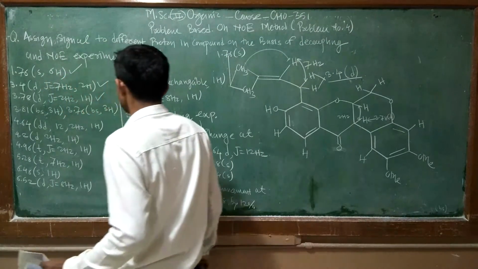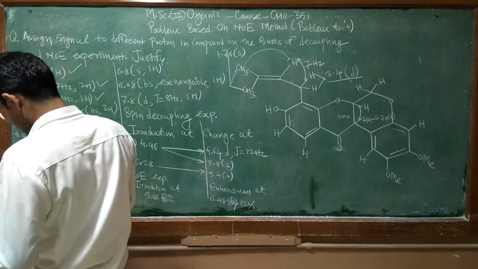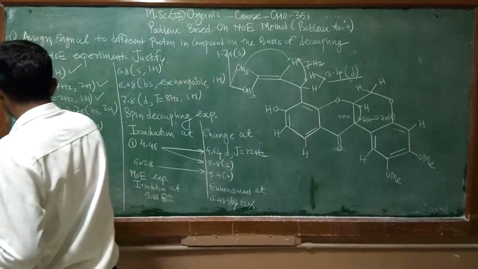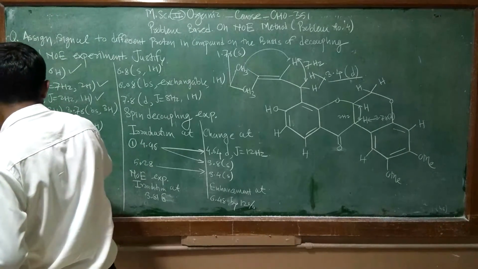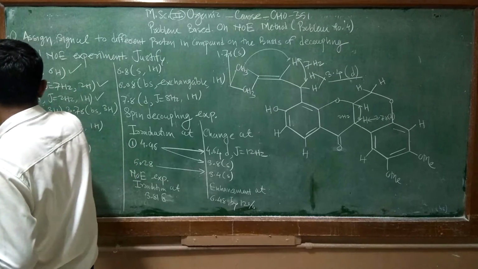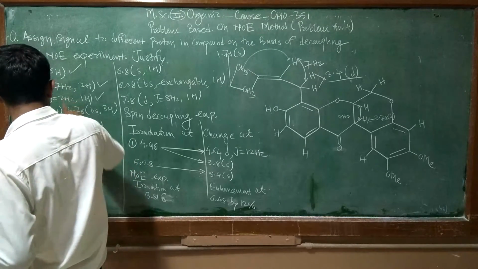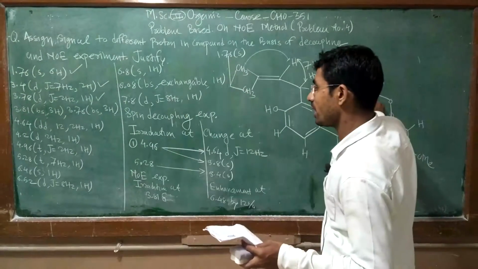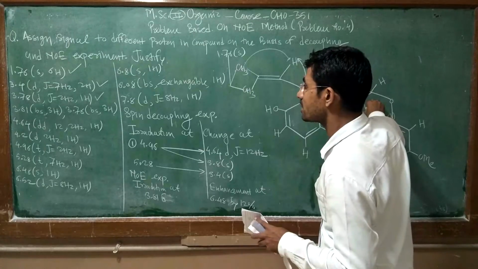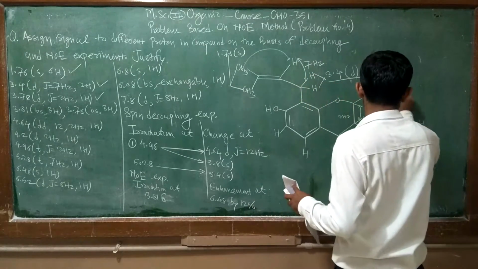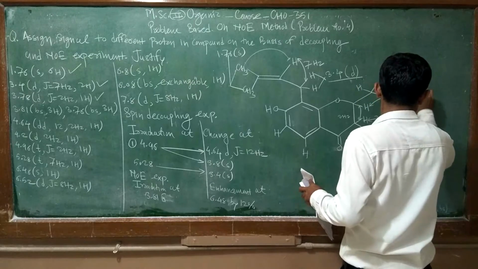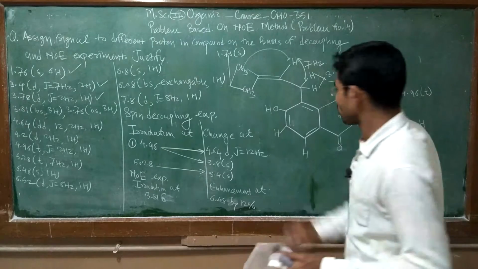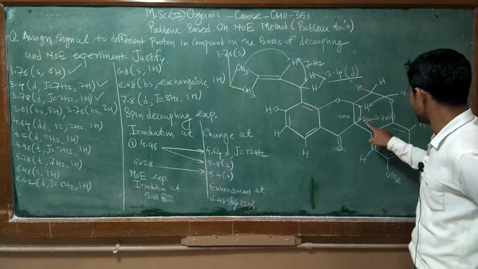Then if you observe the next signal, 4.96 triplet with J and the signal 3.78 doublet, these two protons actually couple. This proton, particularly 4.96, shows the signal that is a triplet. How does this show a triplet? This is the 4.96 triplet, with J, meaning this couples with this proton.